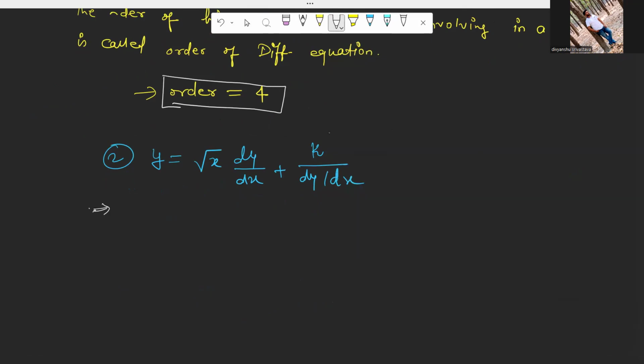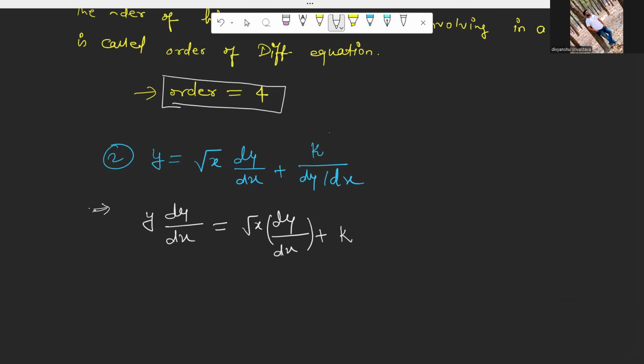So try to write like this: dy upon dx is equal to under root x dy upon dx plus k. That means we multiply by dy by dx on each side. Now this section will change like this.